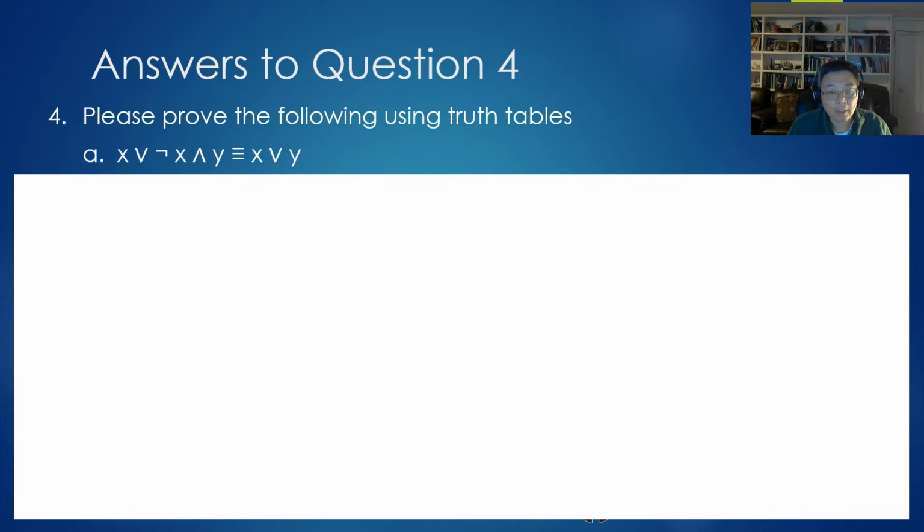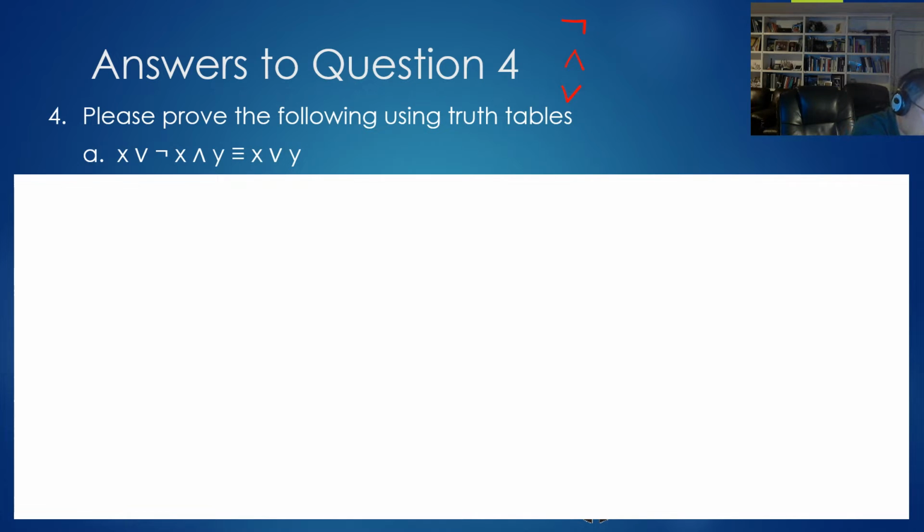Okay, let's take a look at the next question, 4a. Before we actually work on 4a, we need to know the rule of precedence. The rule of precedence is that negation always has the highest priority, followed by conjunction, and then followed by disjunction.